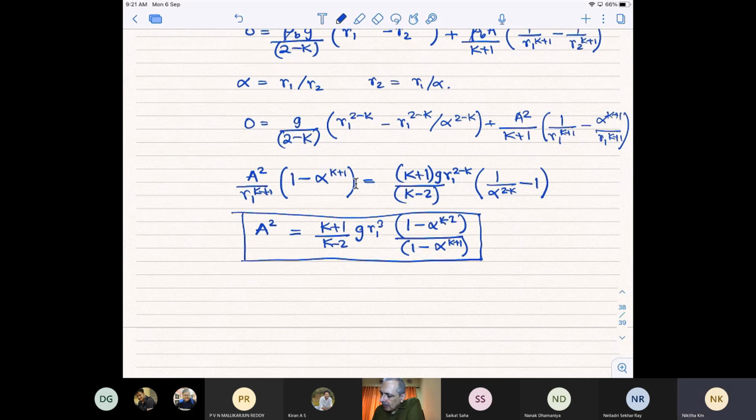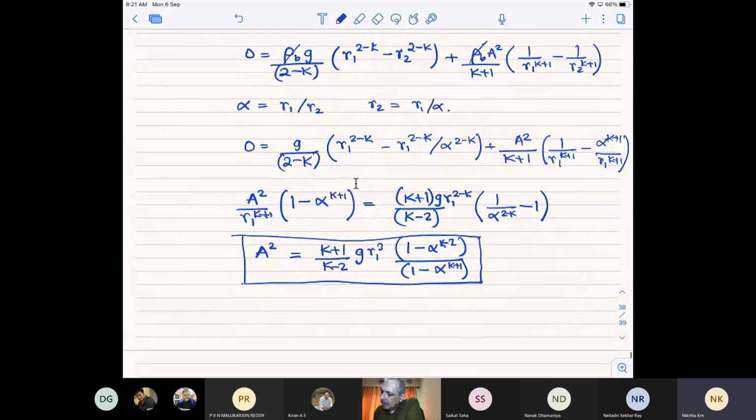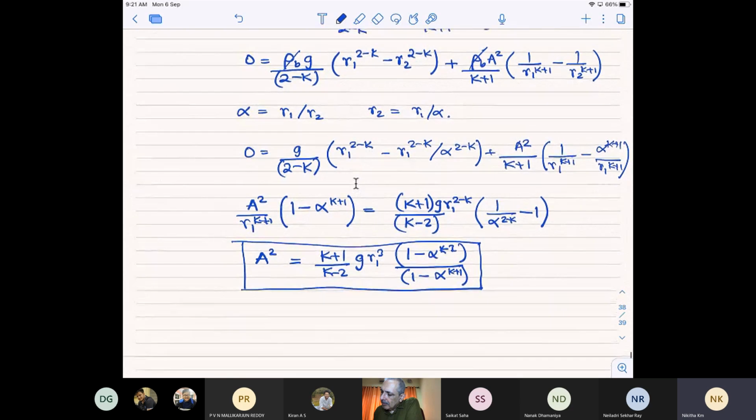After defining alpha, the next step: R1 raised to 2 minus K minus R1 raised to 2 minus K by alpha raised to 2 minus K. So when we take R1 raised to 2 minus K outside, 1 minus alpha raised to K minus 2.